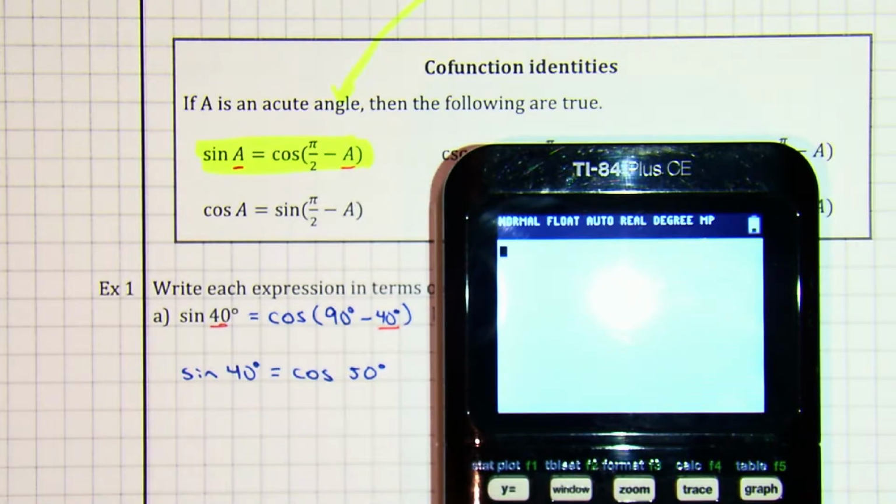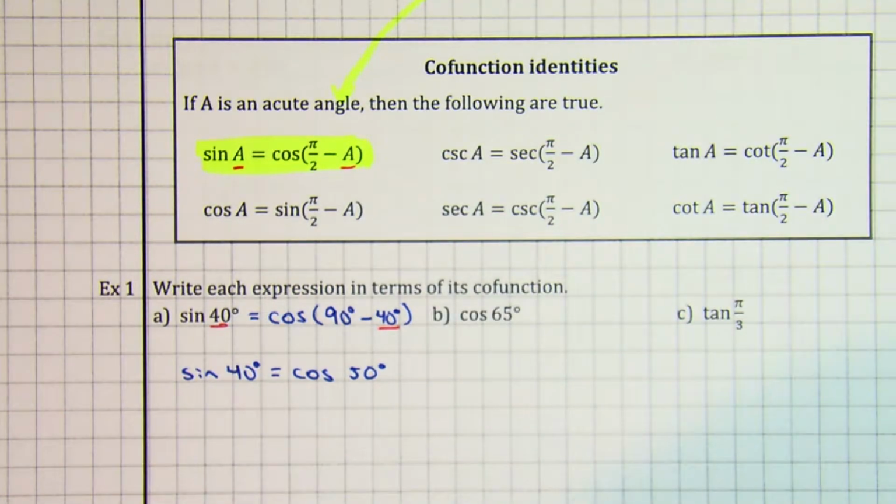If you have your Casio, very similar process. So now I'm going to type in the sine of 40. That gives me 0.642787. And the cosine of 50 is exactly the same. And remember the reason why.